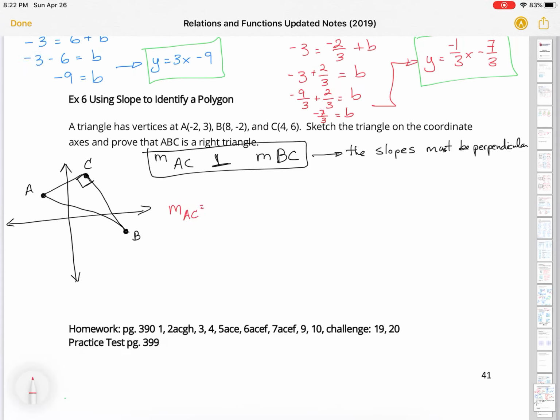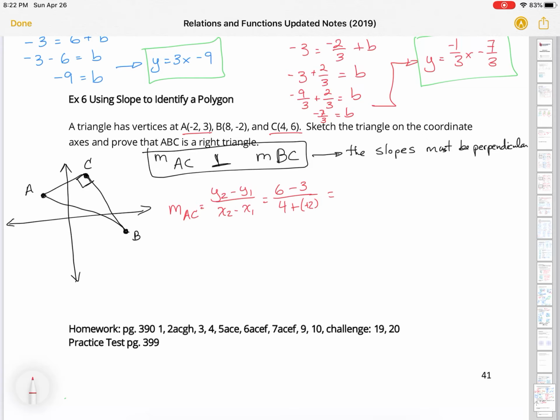Okay, so let's do that. We know how to do that, right? So let's find the slope of AC. So y2 minus y1 over x2 minus x1. A and C. So we'll do 6 minus 3, 4 minus negative 2.